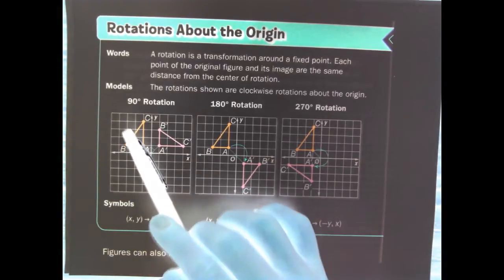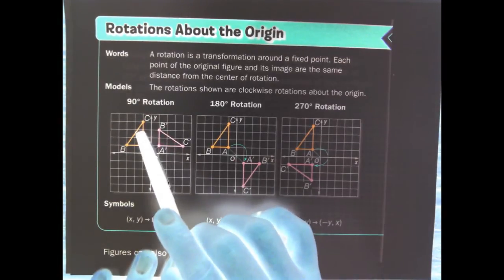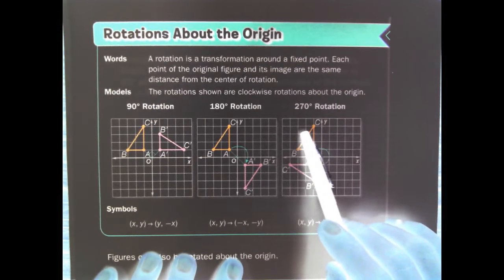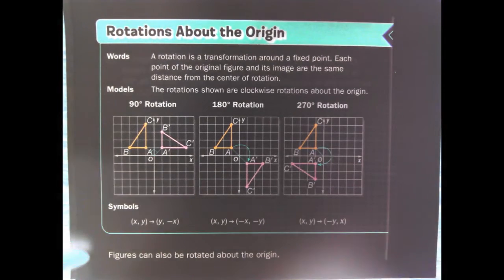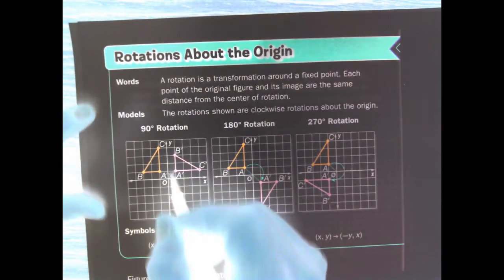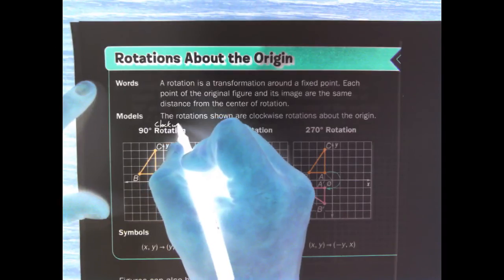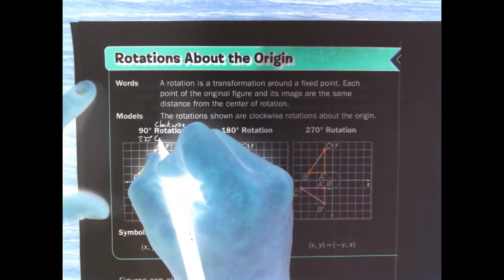If I rotate something 90 degrees clockwise, that is the same as 270 degrees counterclockwise. If I rotate something 270 degrees clockwise, that's the same as 90 degrees counterclockwise. So the rules are the same for 90 degrees clockwise and 270 counterclockwise.